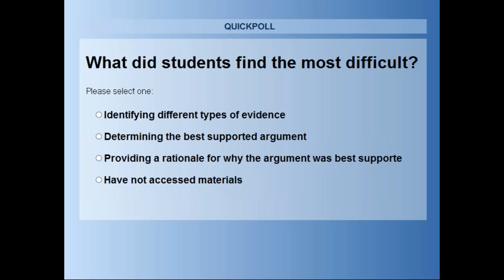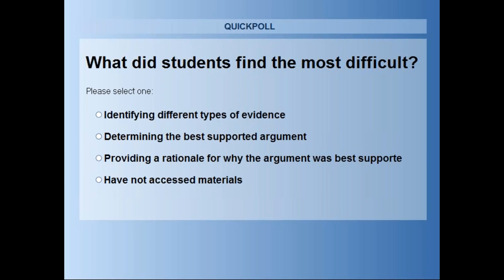Do your students find it difficult to identify different types of evidence? Do they have a problem, when they're doing the extended response, determining the best supported argument? Which one has stronger evidence? Or how about providing a rationale for why the argument was best supported?